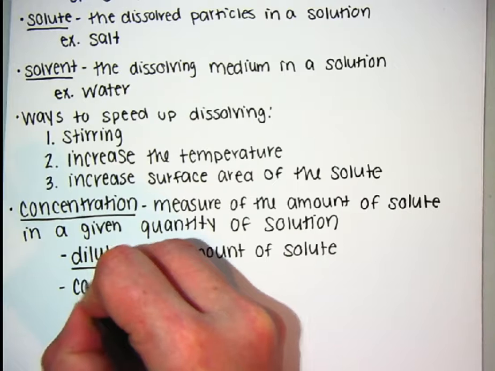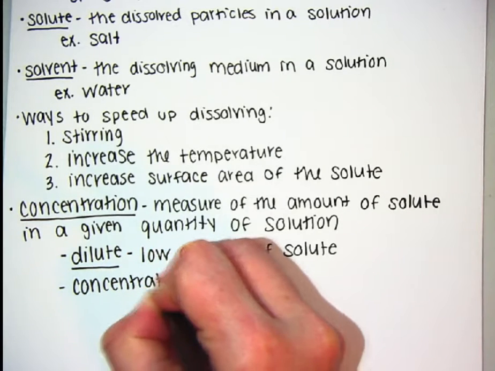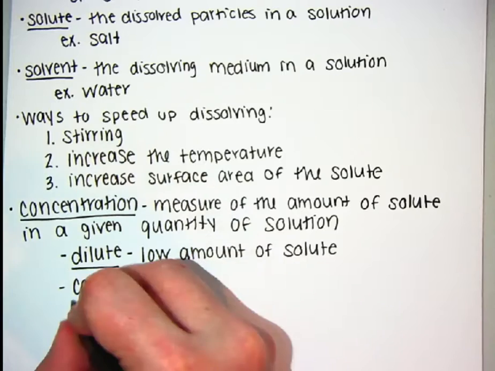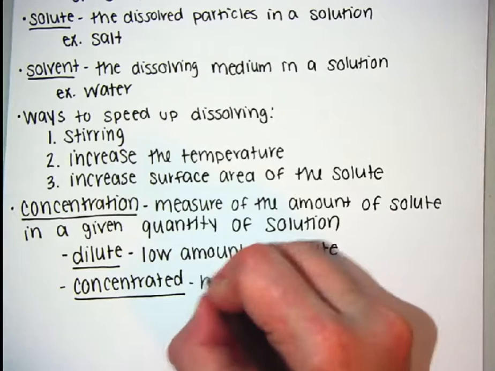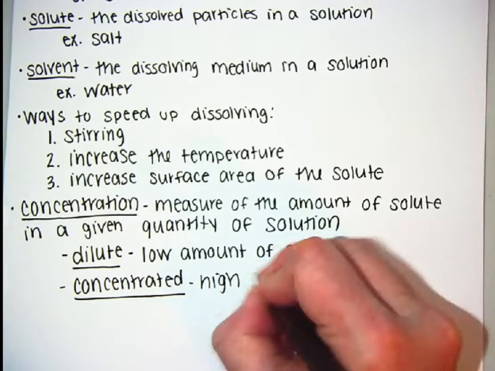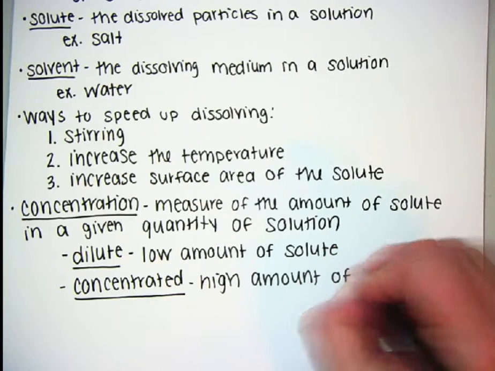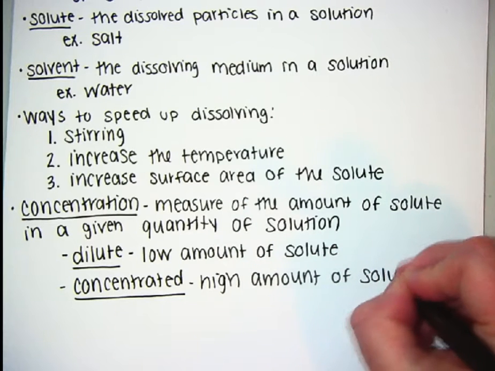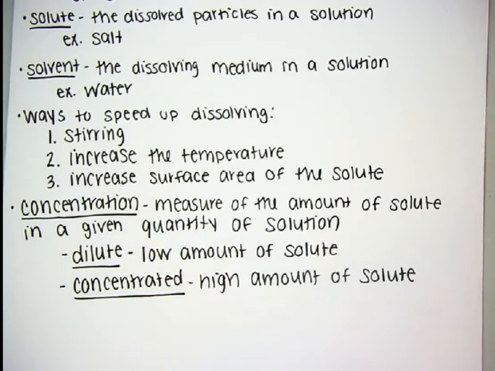The opposite of that would be a concentrated solution. If it is concentrated, it means there is a high amount of solute. If we add a lot of salt to that 1 liter of solution, it is going to be more concentrated.